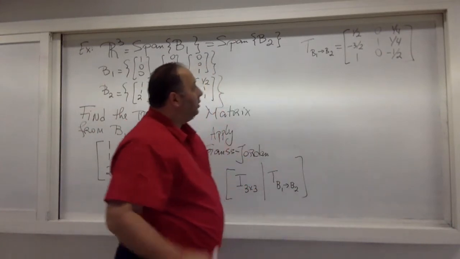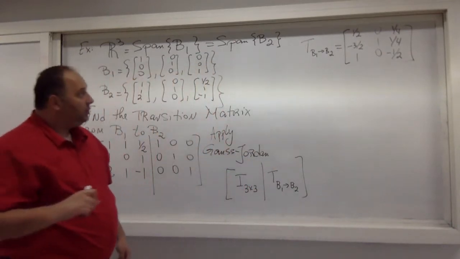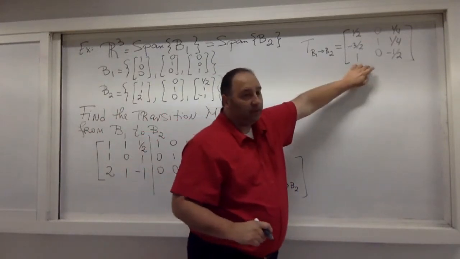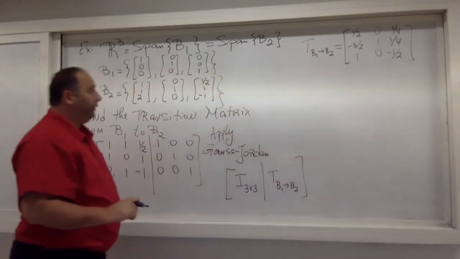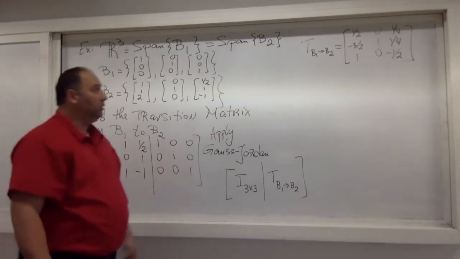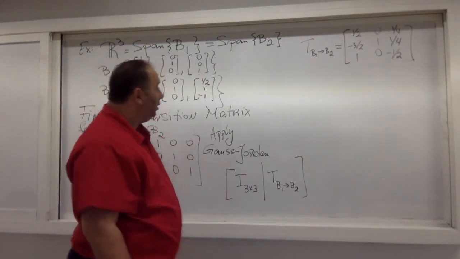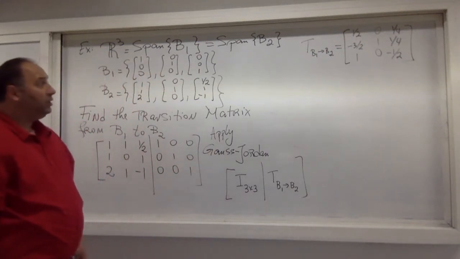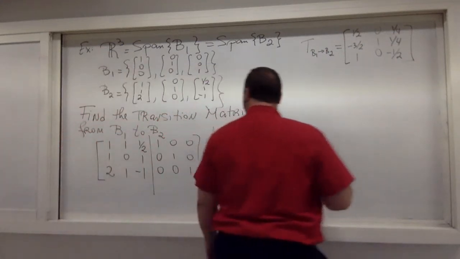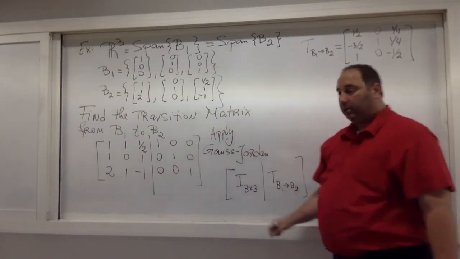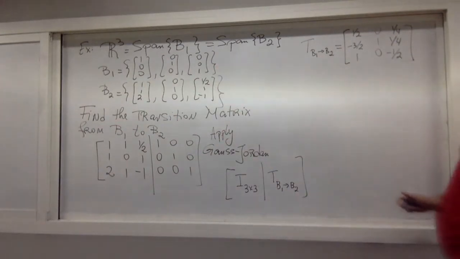So now question, what's the transition matrix from basis B2 to basis B1? Well, it's obviously the inverse of this one. Yeah, who's going to compute the inverse of that one? Not me. We need to be a little bit smarter than that. So since we have B1 as canonical basis, this will simplify our life.